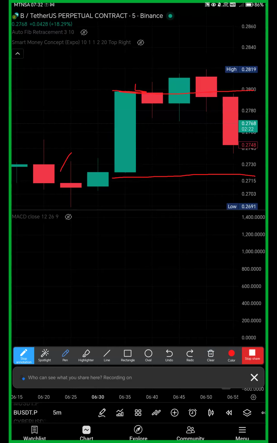But we are talking about a scenario like this, where there are shadows, especially a longer one on top and a short one at the bottom, or a short one on top and a longer one at the bottom.